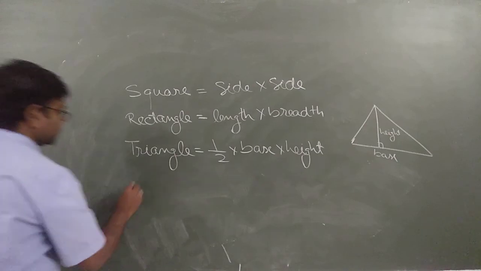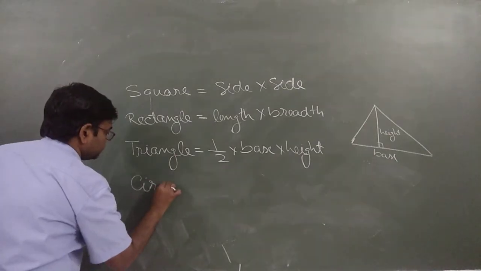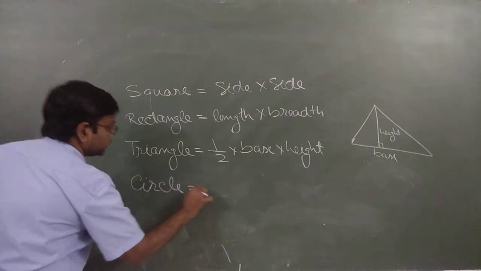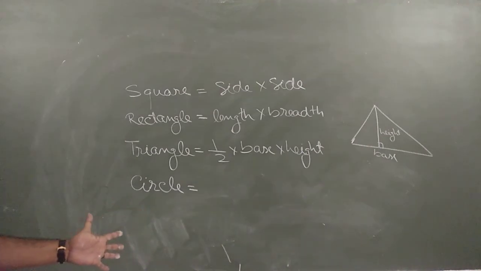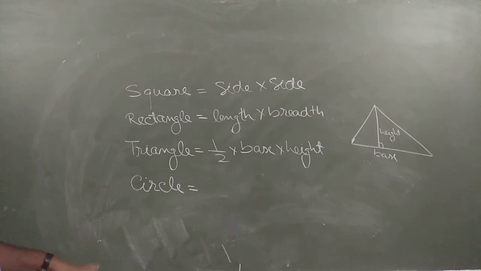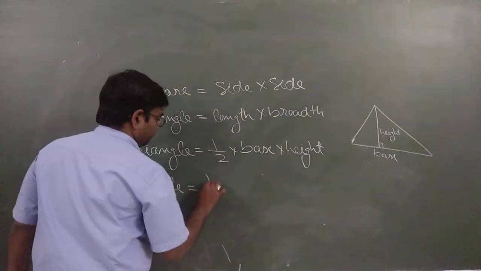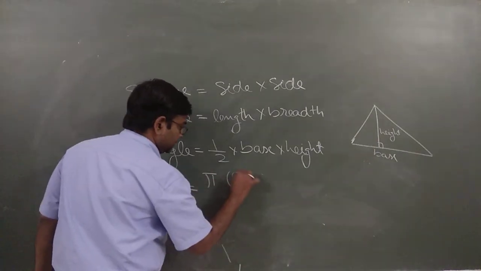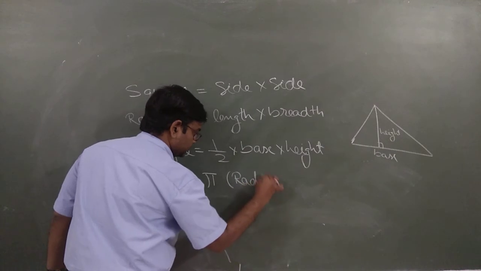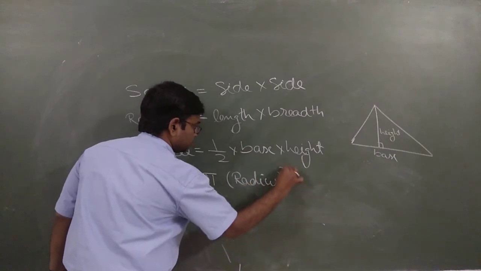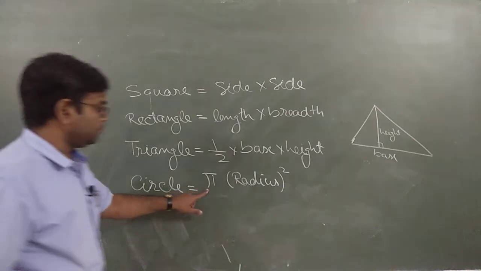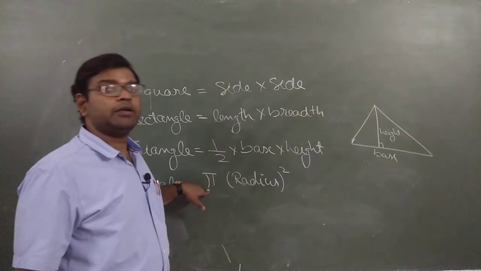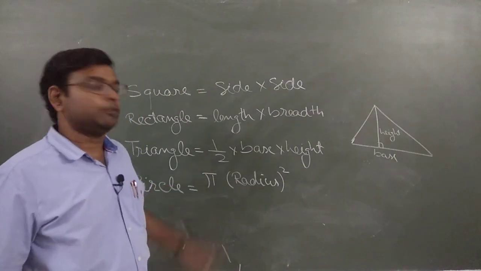Then next one is your circle. Circle has a unique formula, that is pi r square, pi into radius square. First remember, this pi is a constant having a unique value, 22 upon 7.